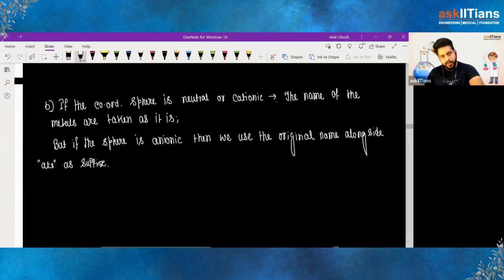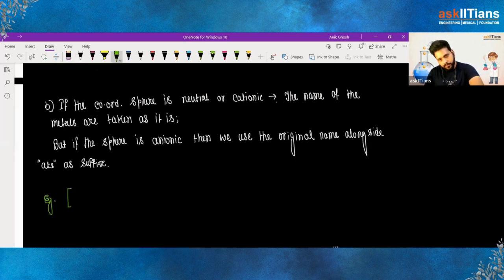Let's say, guys, I have a coordination sphere which goes like this: Co(NH3)6, 3 plus. What am I going to call it? It's going to be called, I'm writing it down below.